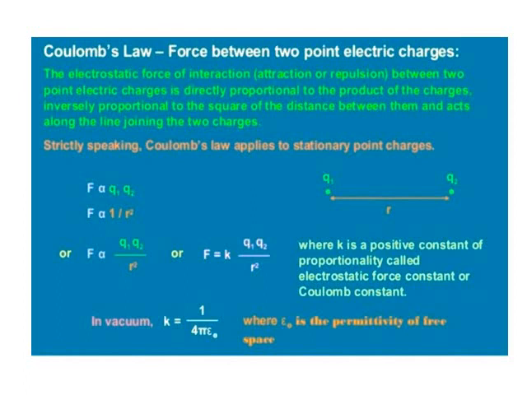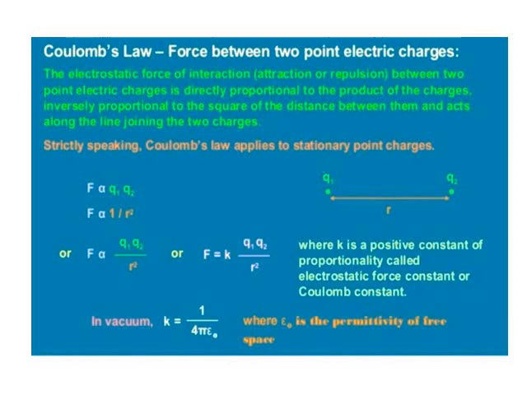Coulomb's law states that the force of attraction or repulsion between two stationary point charges is directly proportional to the product of the magnitudes of the two charges and inversely proportional to the square of the distance between them. This force acts along the line joining the two charges.